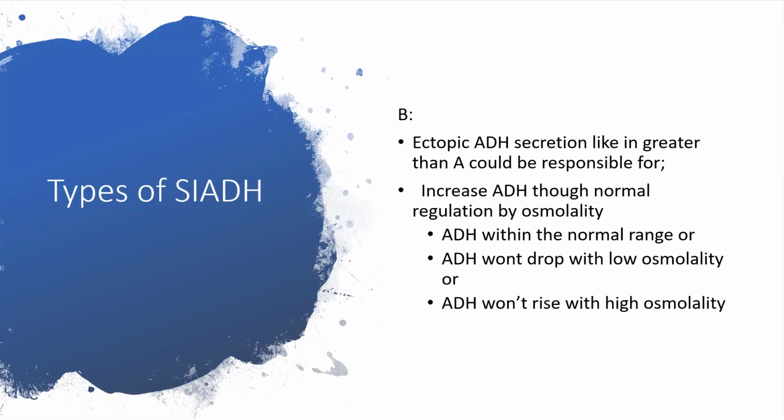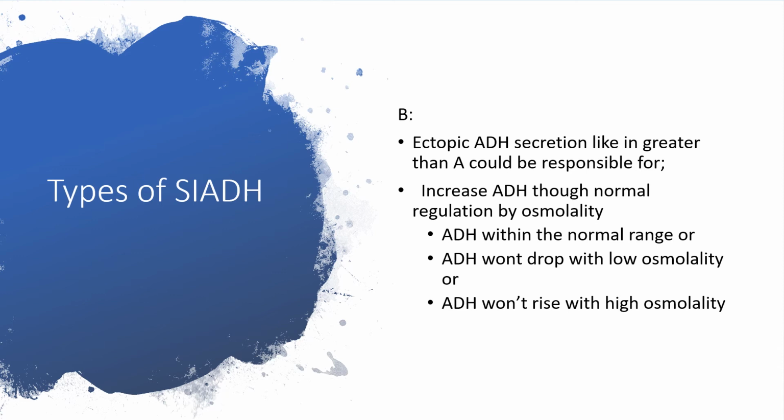In type B SIADH, we're going to have ectopic ADH secretion, and that will make the ADH level very high, and increased ADH is occurring, right? But we are going to have normal regulation by osmolarity.